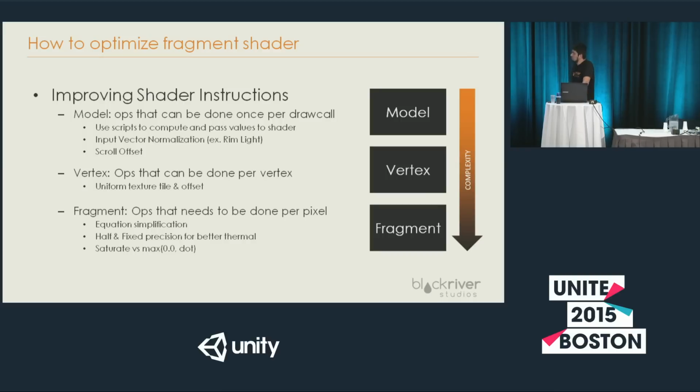That's basically rewriting equations to use fewer math operations. You can also use half and fixed precision for mobile because for some GPUs they give you better thermal consumption, so that will save you from overheating.